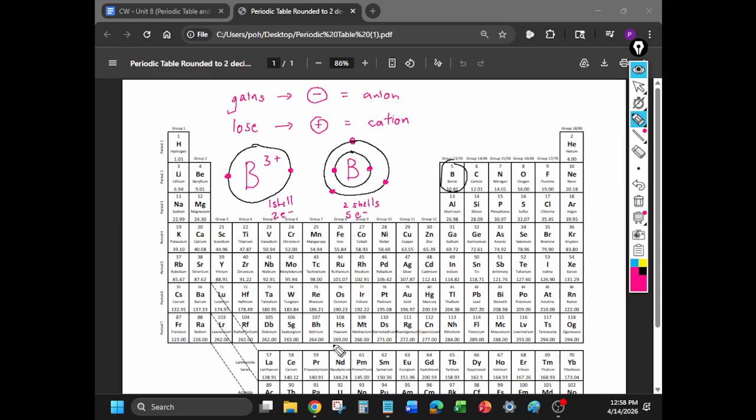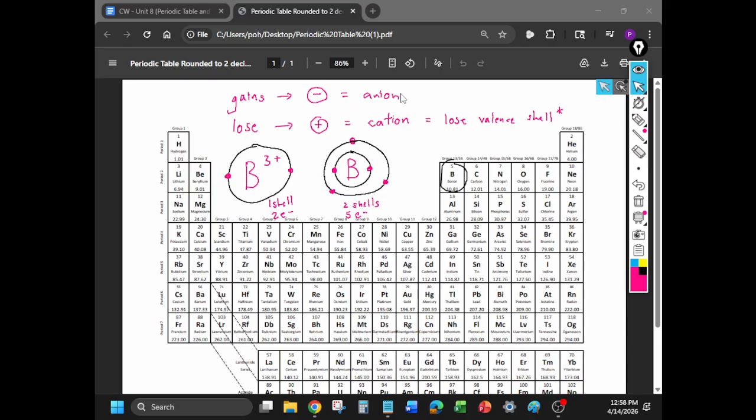So a little bit different when it's a positive ion because you lose electrons. Okay, so the last thing I want you guys to write is that when you have a cation, what that means is you're actually going to lose the outside shell.